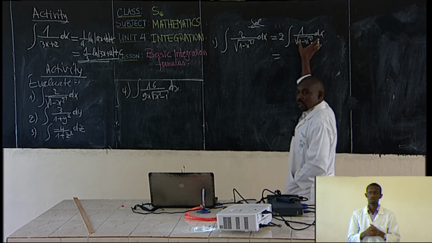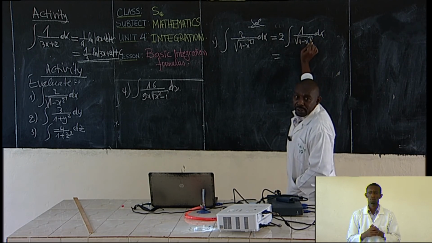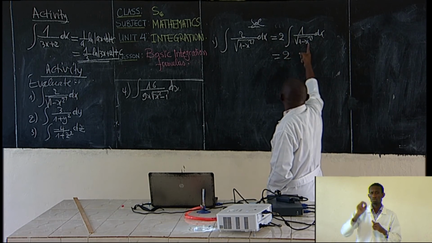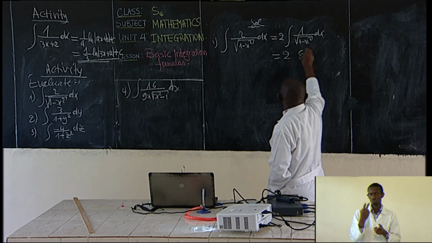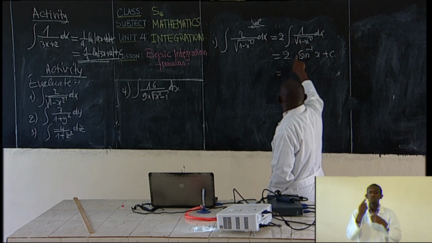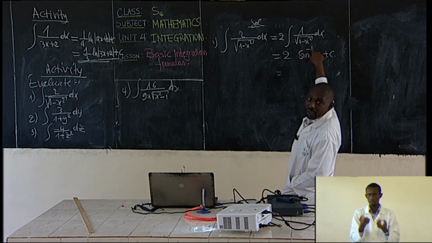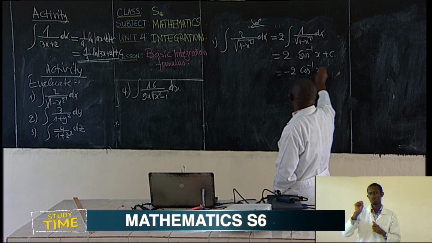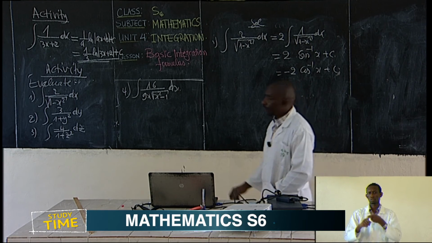And this is a basic integral, which means I have a 2 times sine inverse of x plus c. Or we take minus cosine inverse of x, the same, or negative 2 cos inverse of x, then plus c, the same.